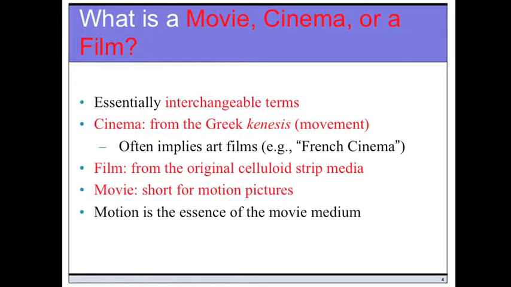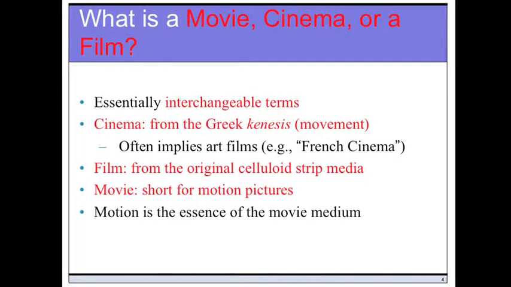And it makes sense because film is moving pictures. The actual word film can also refer to the original celluloid strip media. It's like plasticky and brown, and that's what the actual film gets imprinted on.